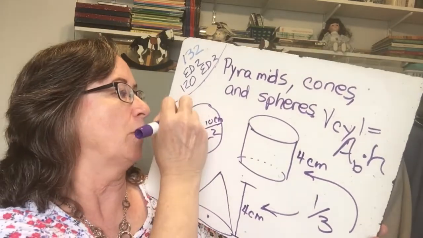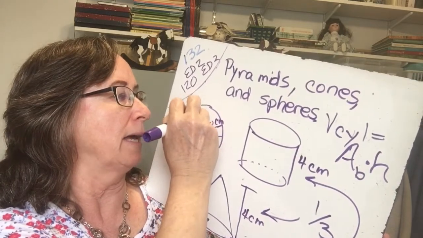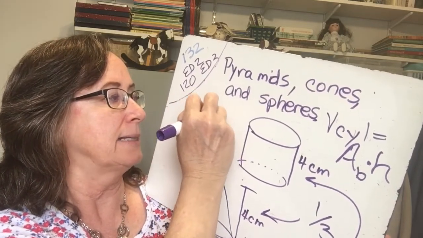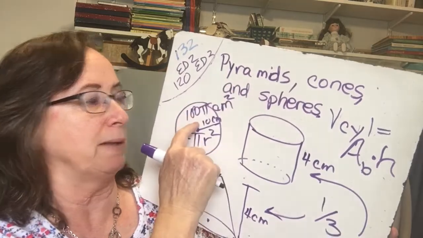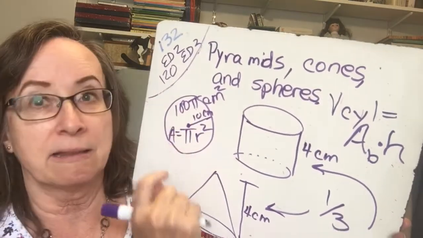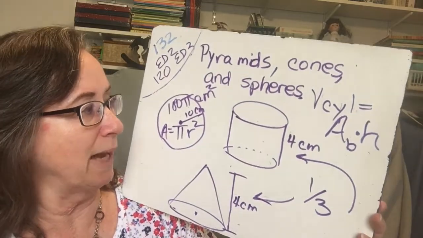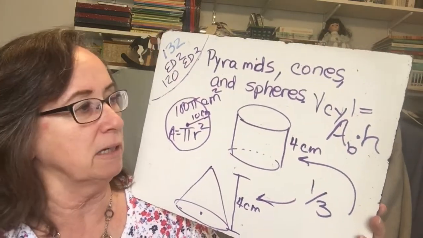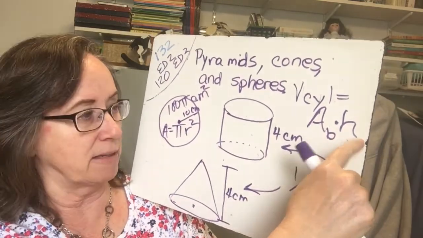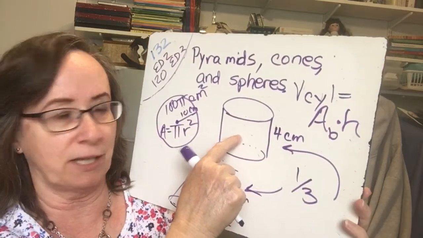So we have 100 pi centimeters squared as the area of this little circle. And then we have to multiply that area times the height to get the volume of this figure.